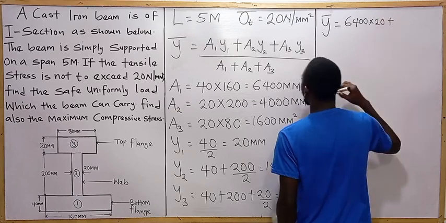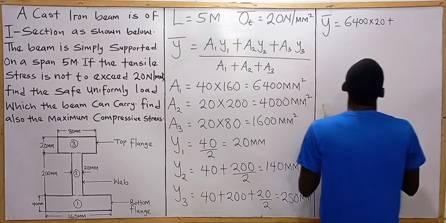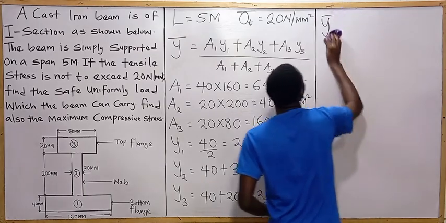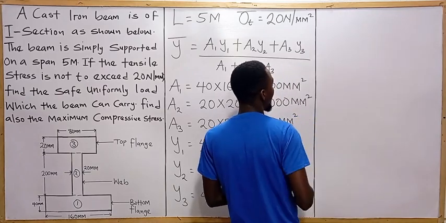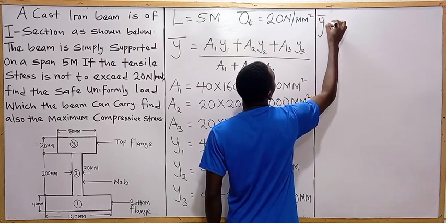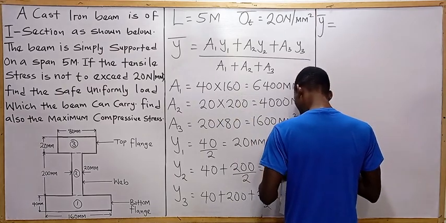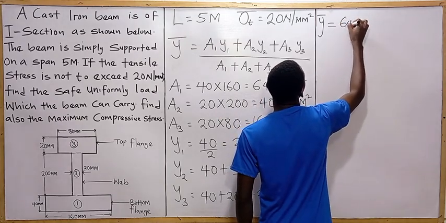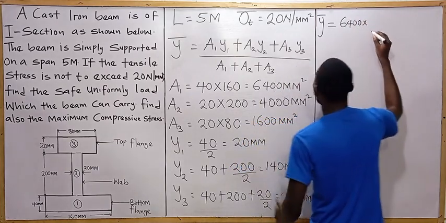Plus our A2. Let me arrange this very well. I want everything to be clearly written. I love my work to be neat. All right. So our A1 is 6,400 multiplied by our y1. Our y1 is 20.